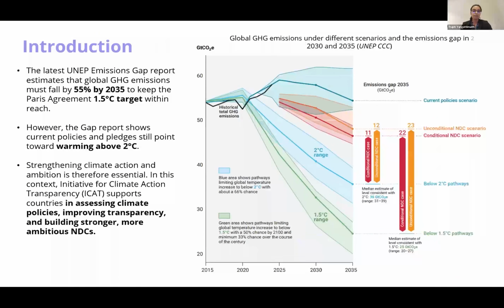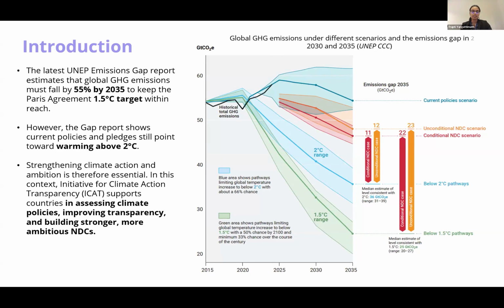To start with a bit of background, which I think we are all very familiar with, climate change introduces an unprecedented challenge that requires rapid and far-reaching transformations across virtually all sectors and parts of society. And we can see the scale of this challenge in the latest emissions gap report, which estimates that global emissions need to fall by 55% in the next 10 years.